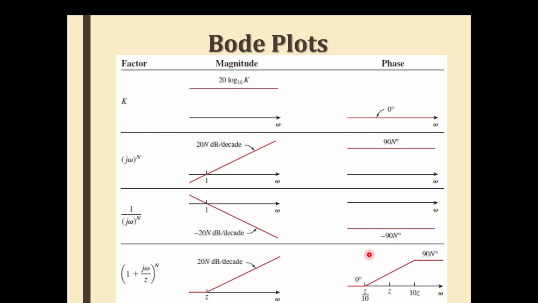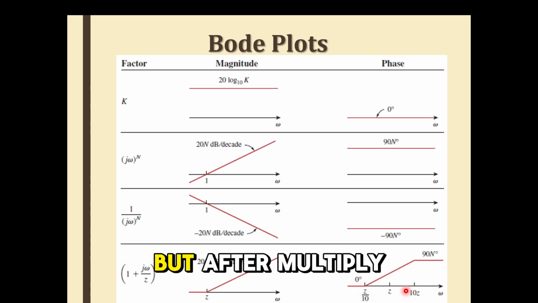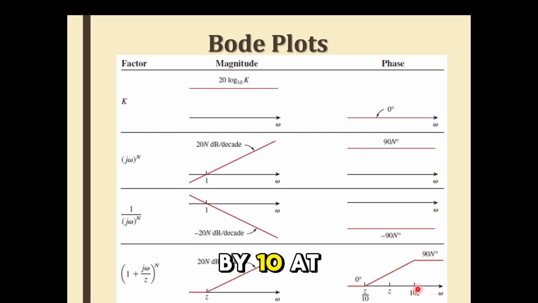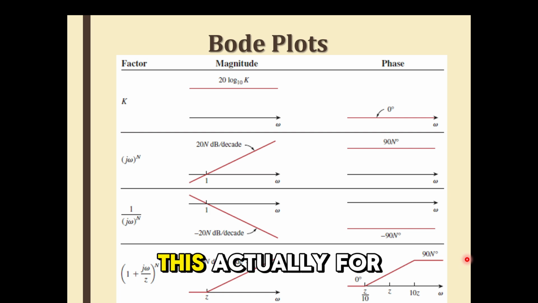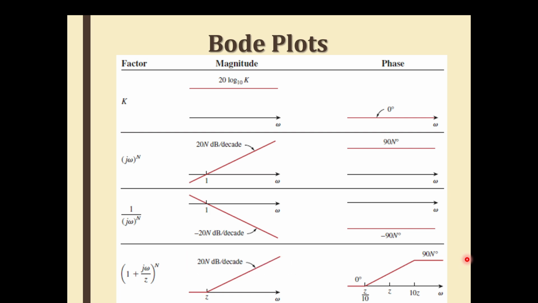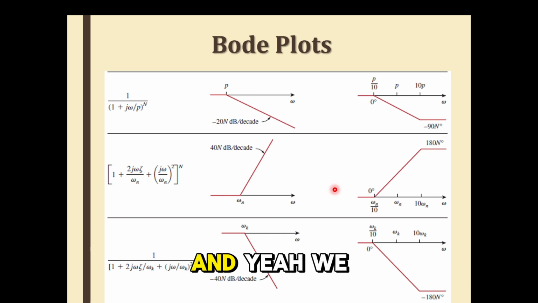After that, straight. No, sorry, not straight, that's for the phase. As for the phase, you divide by 10, and use a similar approach, but after multiplying by 10 z, you have to stop and go straight at 90 degrees. This is for the non-quadratic.